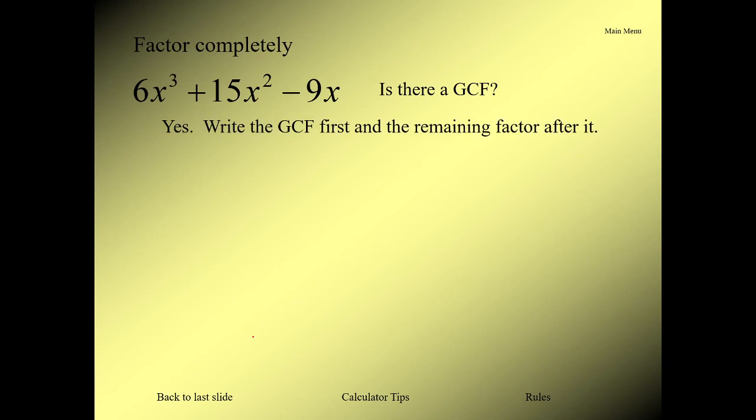Okay, so the next one, factor completely this trinomial. So obviously there's a GCF. We can factor by dividing all of them by 3. So the GCF is 3x. So 3x, then 6x cubed, the remaining is 2x squared.